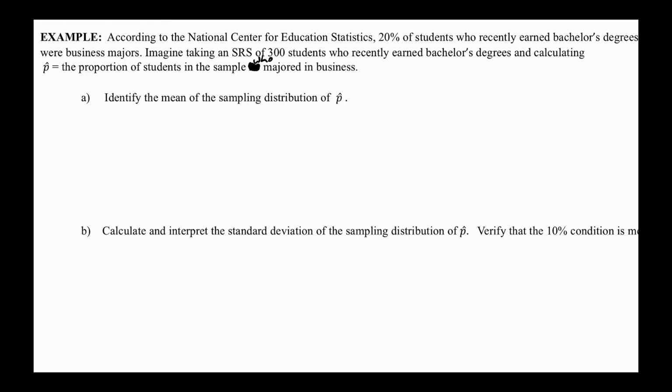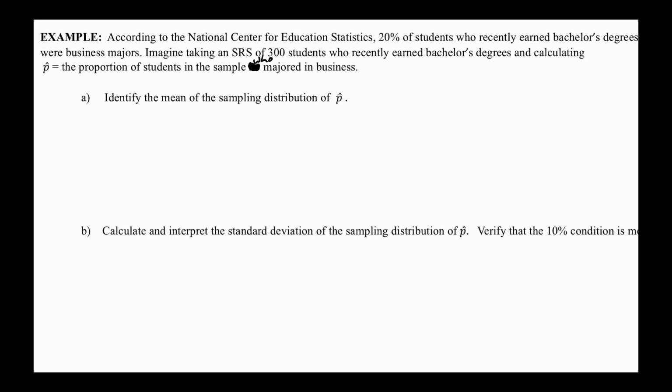So what type of question is this? Is it a proportions or is it a means question? And how do we know? Take a wild guess. I'm pretty sure it'll be correct. It's a proportions question.